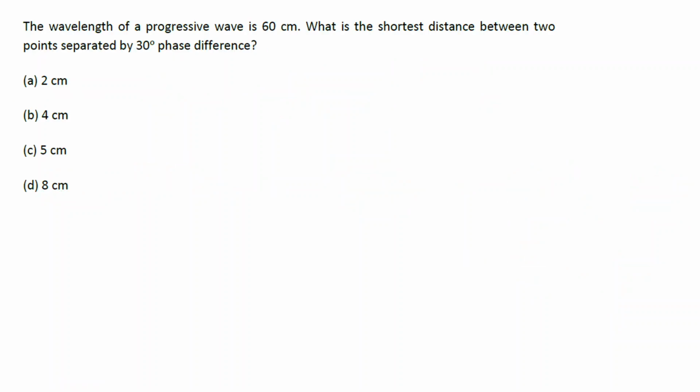Now the next question. The wavelength of a progressive wave is 60 centimeter. It is a traveling wave progressing in some particular direction, with wavelength 60 centimeter. What is the shortest distance between two points separated by 30-degree phase difference? We know the relation between phase difference and path difference is phi equals 2 pi x by lambda. The phase difference is 30 degree, which in radian is pi by 6.